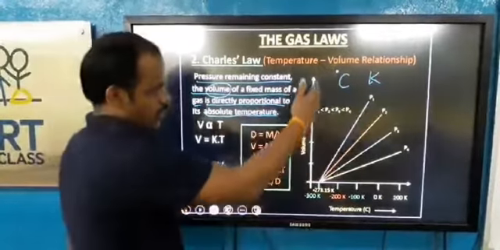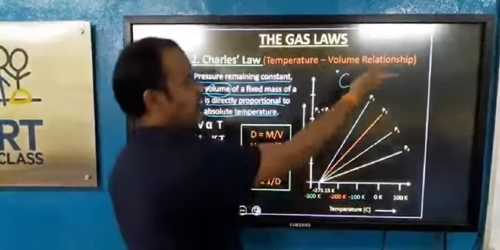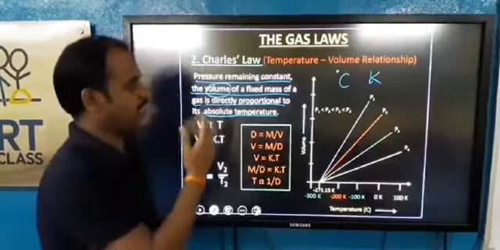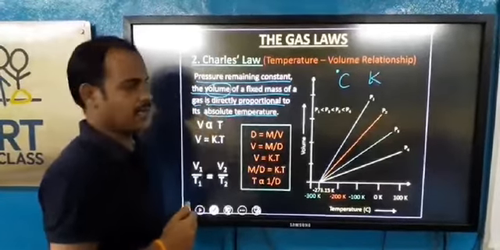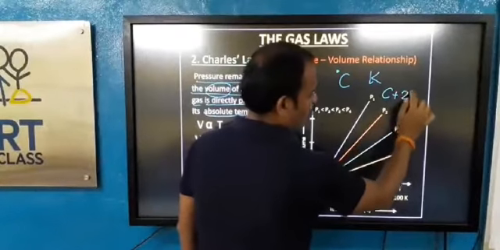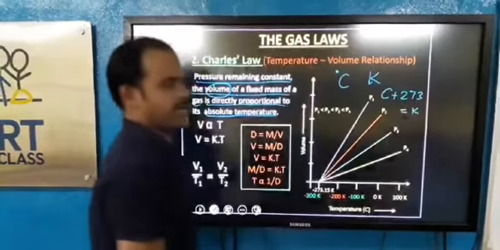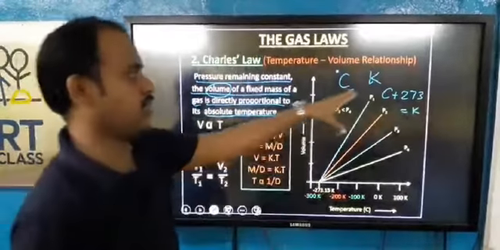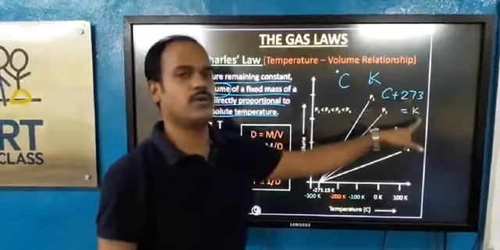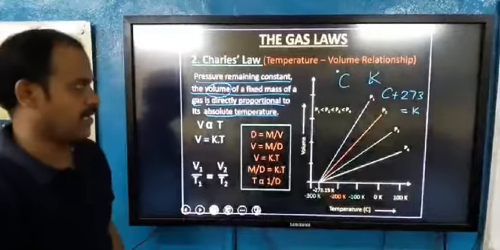So in a question, if temperature is given in centigrade, then simple, convert it into Kelvin. How? It's a simple relation between centigrade and Kelvin, and the relation is C plus 273 is equal to K. Means if the temperature is 25 degree C, so 25 plus 273 is equal to K. So in Kelvin scale, the temperature will be 298 K.